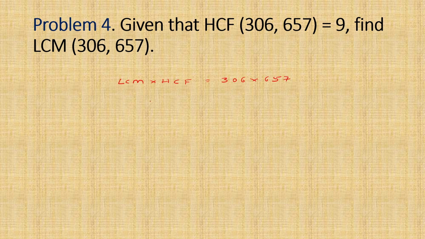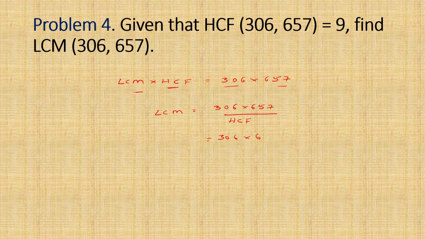Okay, this is the formula. What is given? HCF is given, and these two numbers we know. We need to calculate LCM. So LCM is equal to 306 multiplied by 657 by HCF.